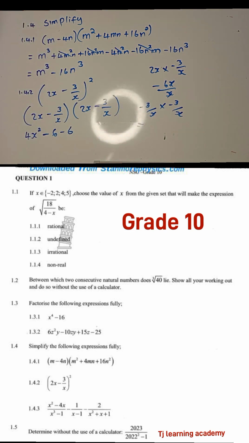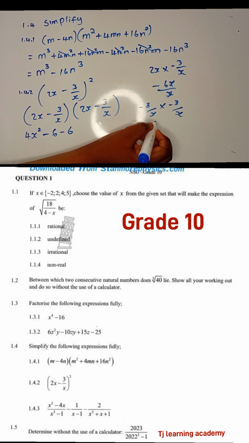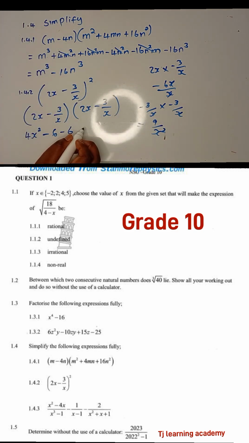Negative times negative is positive. 3 times 3 is going to be 9 over x squared. And the final answer is going to be 4x squared minus 12 plus 9 over x squared.